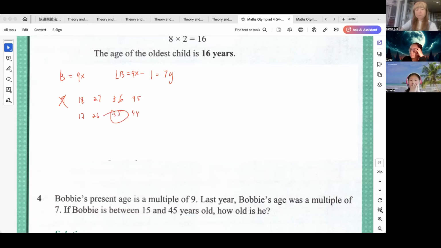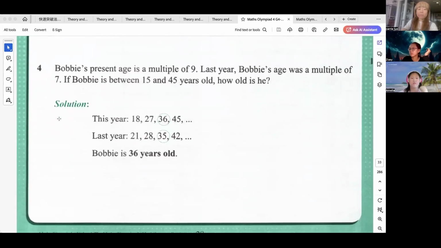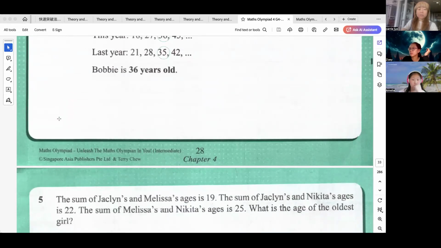So the answer is 35 or 36. 36. Zoe? 36. Very good. Some students told me the answer is 35. 35 was the year before. Very good. Okay. So now let's take a look at this one.